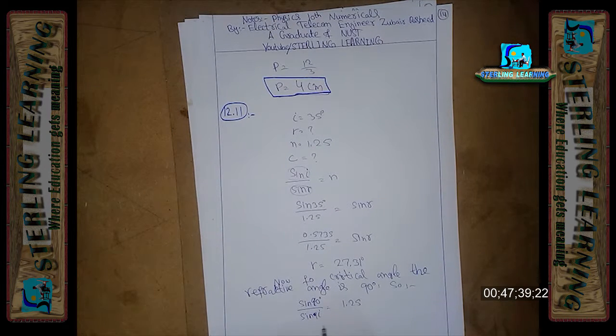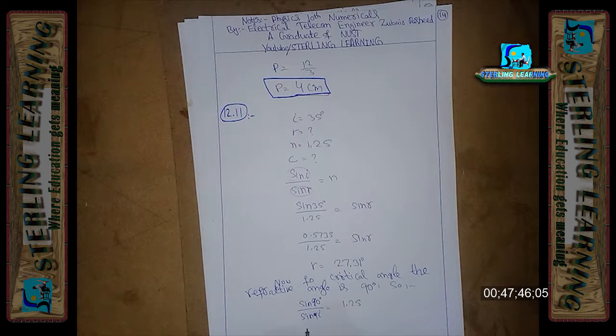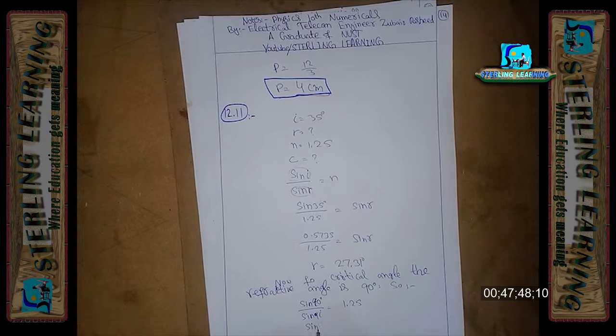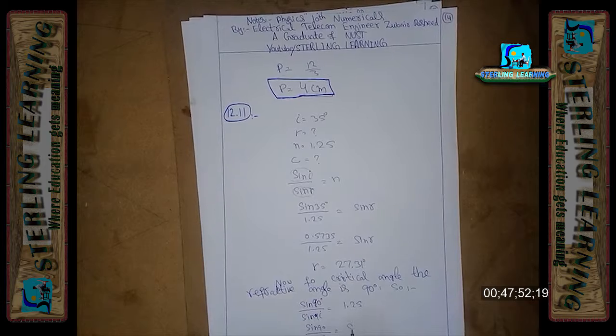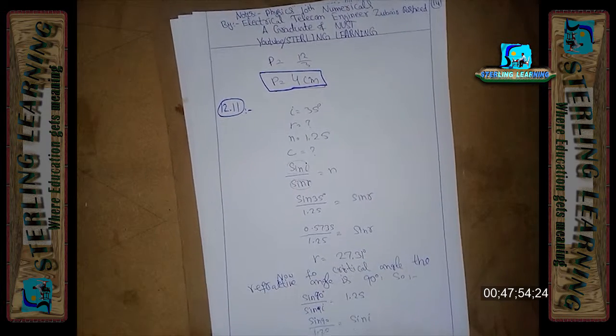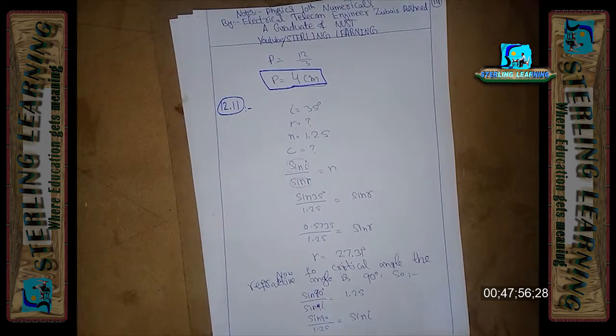Sine 90 comes on the top, so sine 90 over 1.25 is equal to sine I, and sine 90 comes out to be 1.